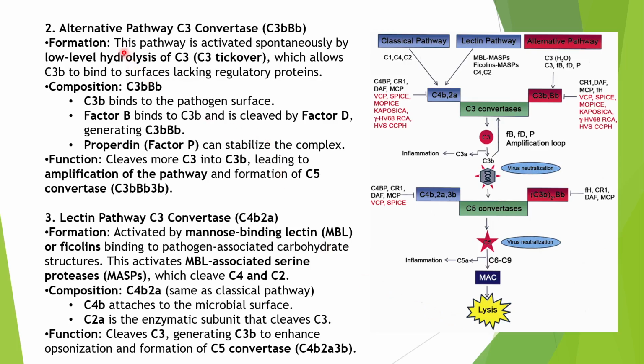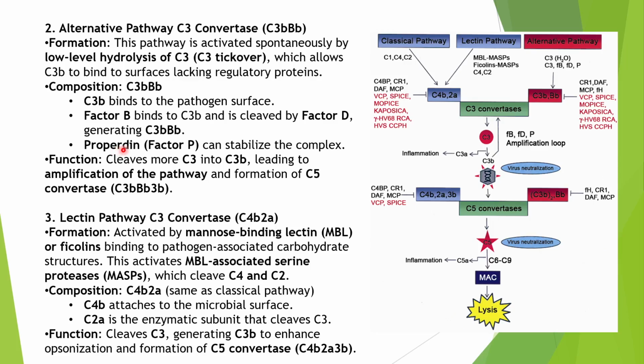Then coming to the alternative pathway, C3 convertase. Here C3 convertase has C3b and factor B. So formation of this, the pathway is activated spontaneously by low-level hydrolysis of C3. This is called C3 tickover, which allows C3b to bind to surfaces lacking the regulatory proteins. So now C3b binds to the pathogen surface, then factor B binds to C3b and is cleaved by factor D, generating the C3b factor B complex.